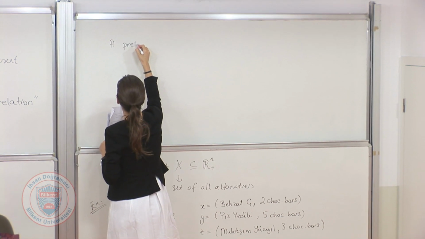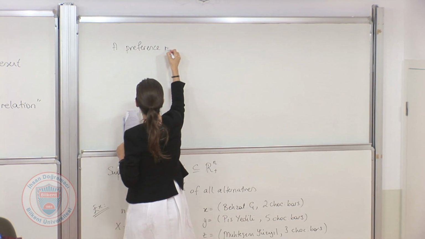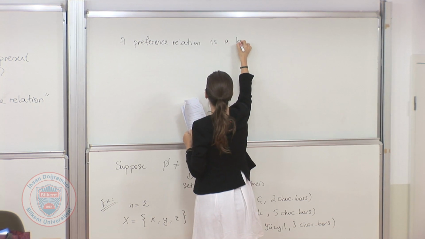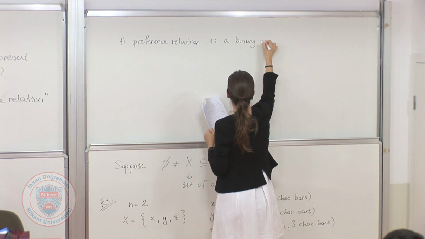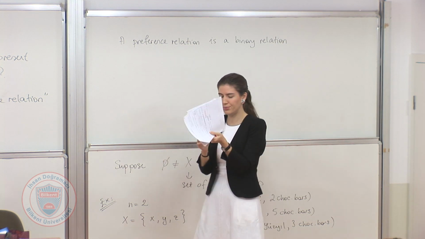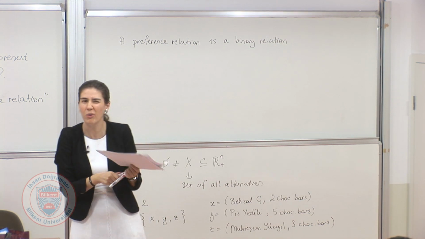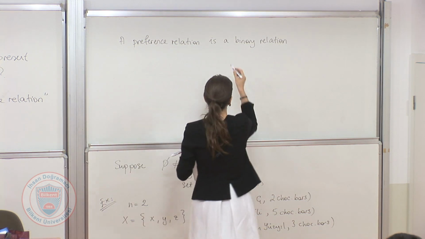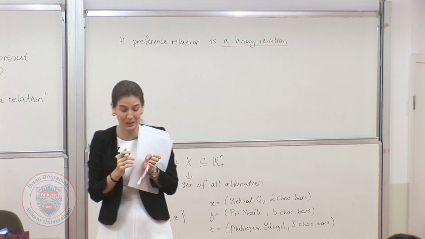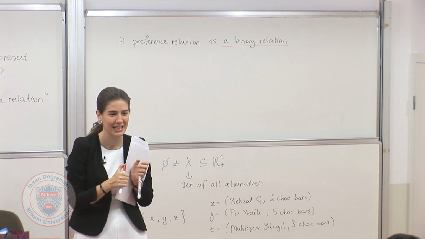A preference relation, okay, is a binary relation. Okay, so one word that we don't know, a concept that we don't know. What is a binary relation? What does binary mean? 2. Right?